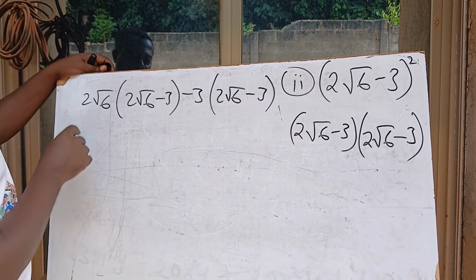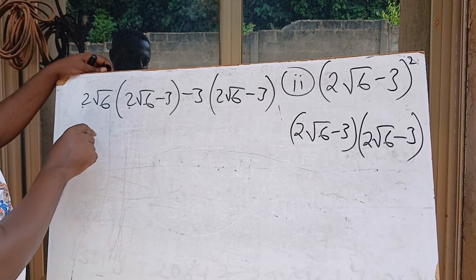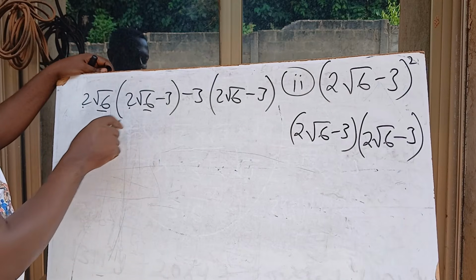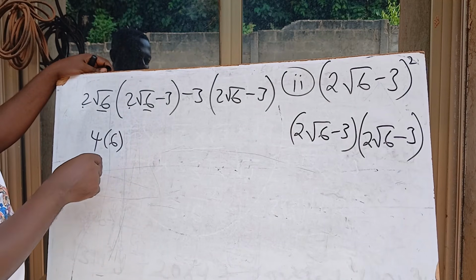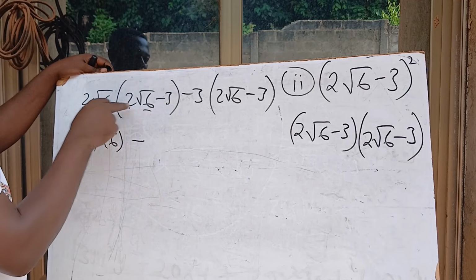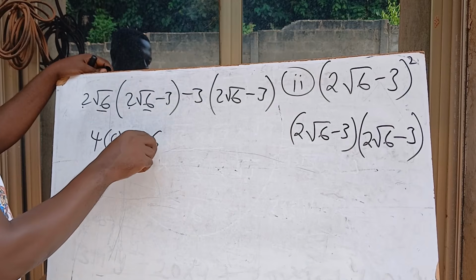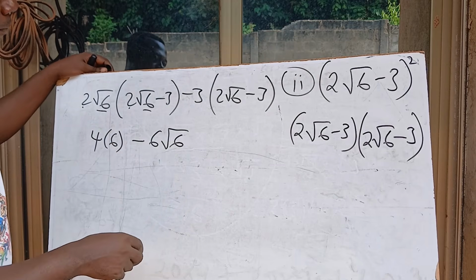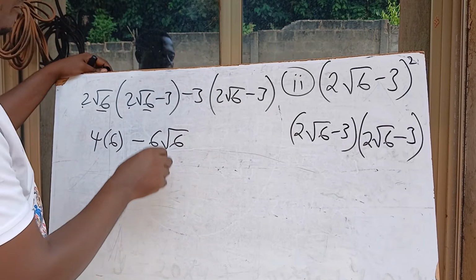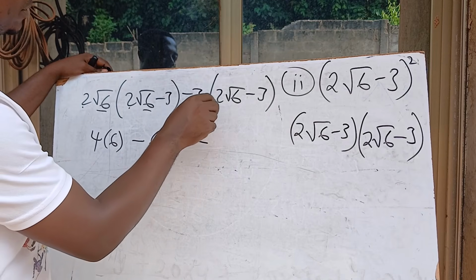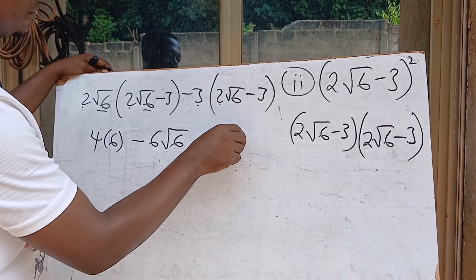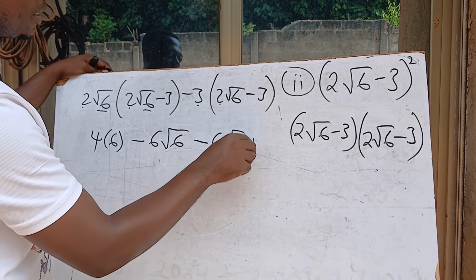So from here, this will multiply this to 4. This times that will be 6 for the properties minus. So this times that the 3 will affect the one outside. So that will be 6 with 6. Okay. So we are done with the first bracket minus. So this times that 6 with 6 minus minus plus.